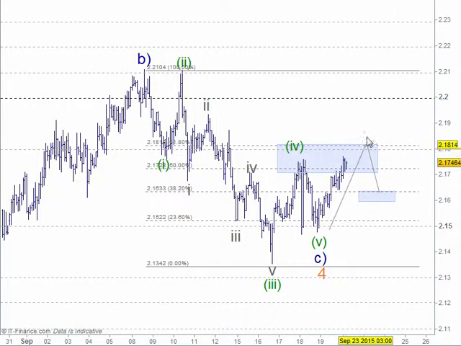So it's quite possible that we get to that point, and then we'll have to see if we get this move here in a clear 3-wave structure. If we do get that, then we can look to start building in on the long side here, okay? But we'll need to wait for that first.